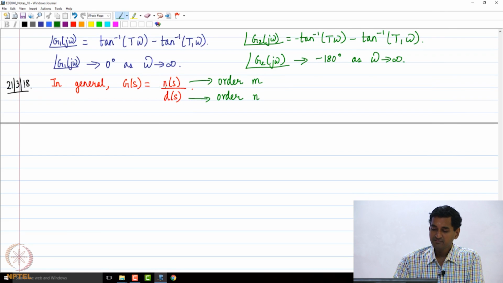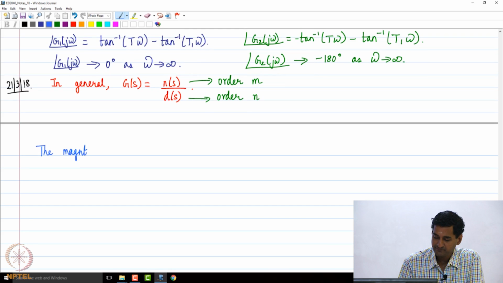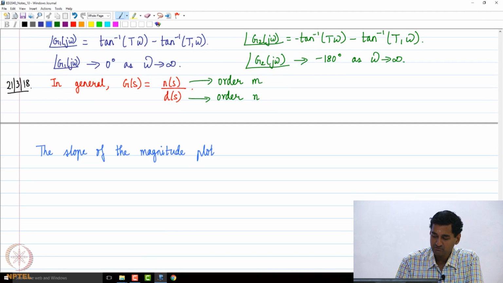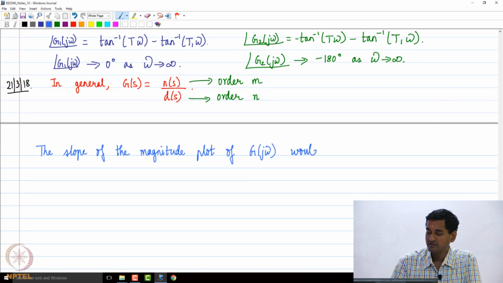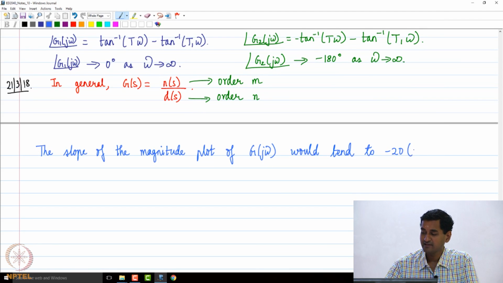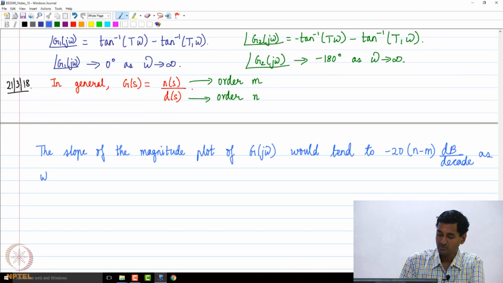If we look at this transfer function, the magnitude, or to be more accurate, the slope of the magnitude plot of G(j omega), would tend to minus 20 times (n minus m) decibels per decade as omega tends to infinity.